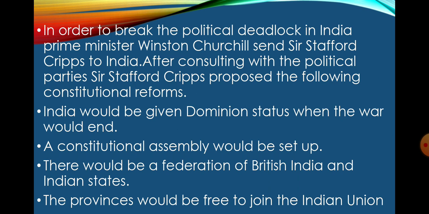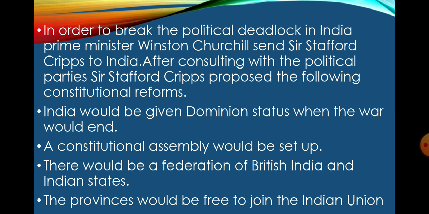After consulting with the political parties, Sir Stafford Cripps proposed the following constitutional reforms for Indians. Following are the constitutional reforms proposed by Sir Stafford Cripps. The first one is that India would be given dominion status when the war would end.